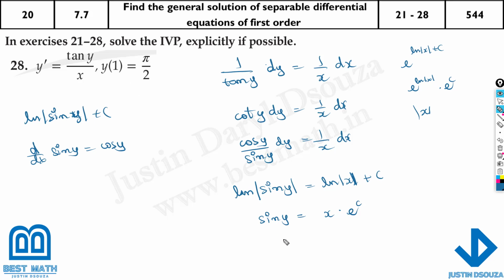And now what is it? We have the initial value conditions, right? So when x is 1, y is pi by 2. So sine pi by 2 will be equal to 1 times e to the power c. So what is exactly sine pi by 2? Sine pi by 2 is 1. You can check it out in the calculator. You should put it in radian mode and sine pi by 2.